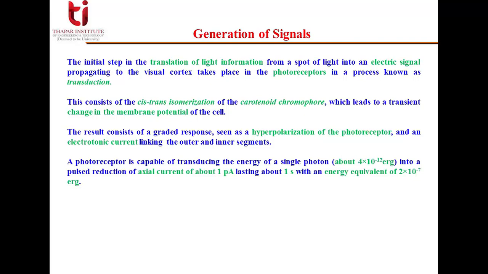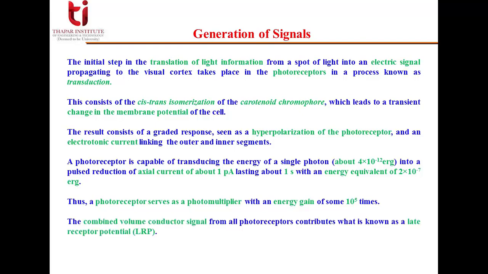A photoreceptor is capable of transducing the energy of a single photon, that is about 4 × 10^-12 ergs, into a pulse reduction of axial current of about 1 picoampere, lasting about 1 second, with an energy equivalent of 2 × 10^-7 ergs. So thus you can see a photoreceptor serves as a photomultiplier with an energy gain of about 10^5 times.